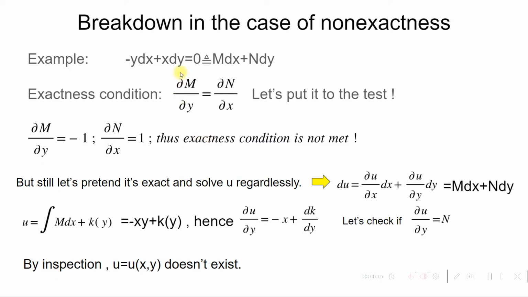Now we're given an ODE and we want to know whether it is exact or not. So we check the exactness condition and we find that this condition is not met through the calculation shown here.